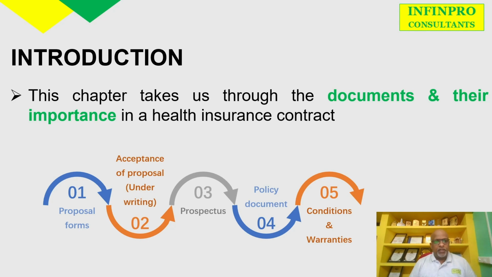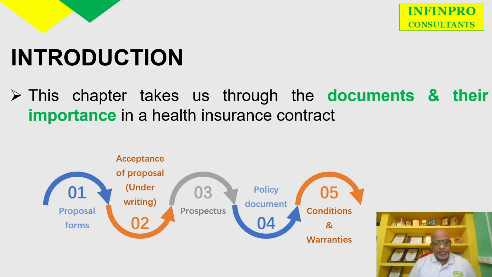In a nutshell, the five different stages of how documents are managed by a health insurance company are: it starts with the proposal form, and then it goes into underwriting, where the underwriters assess the risk to be accepted by the health insurance company. They scrutinize the details given by the customer in the proposal form in this stage called underwriting.